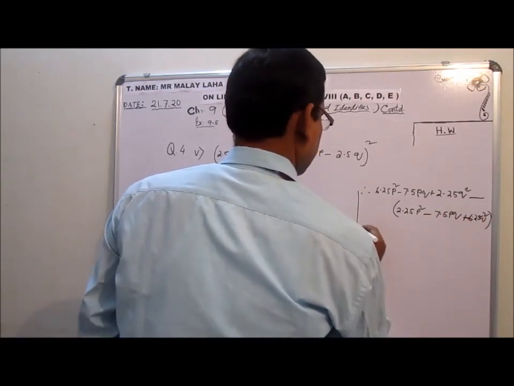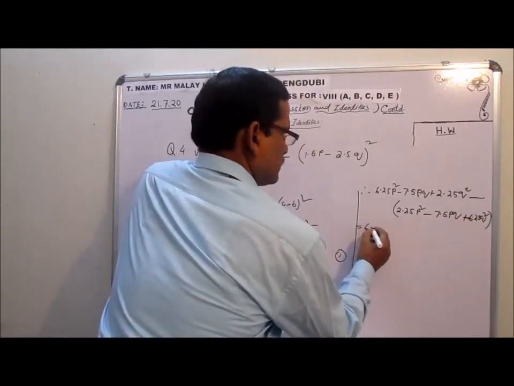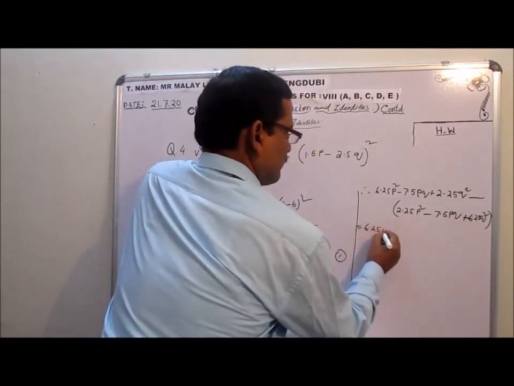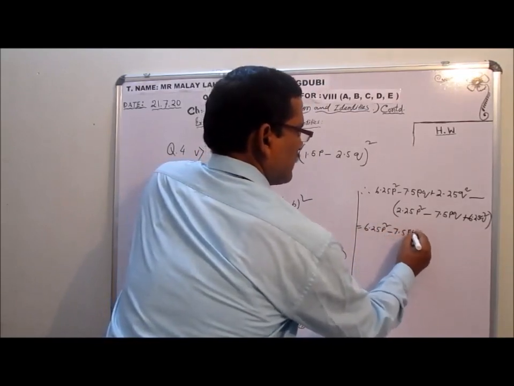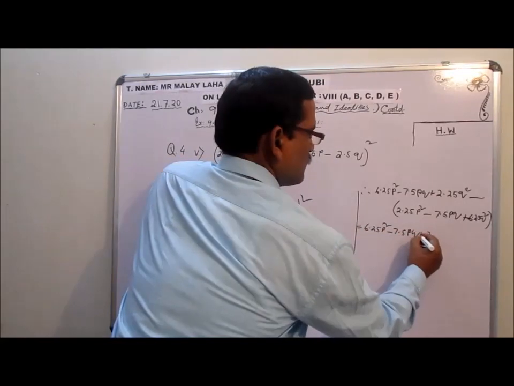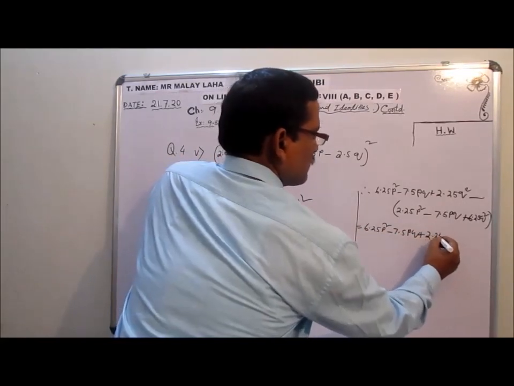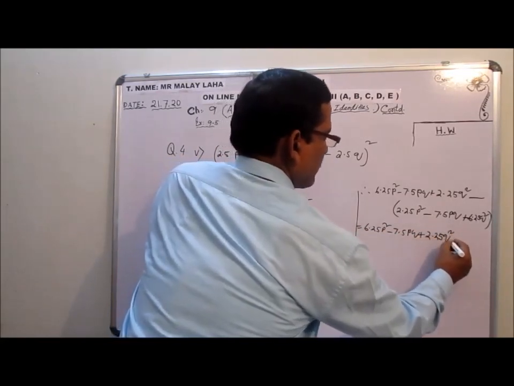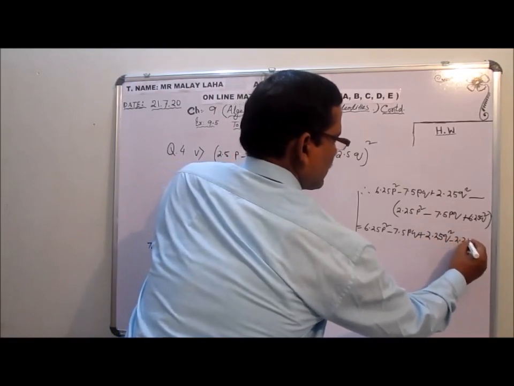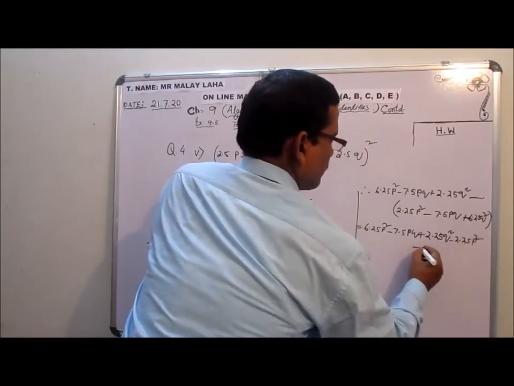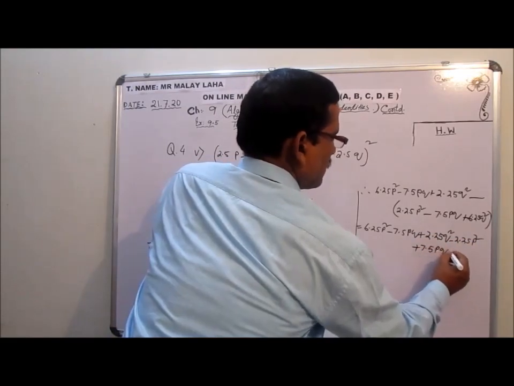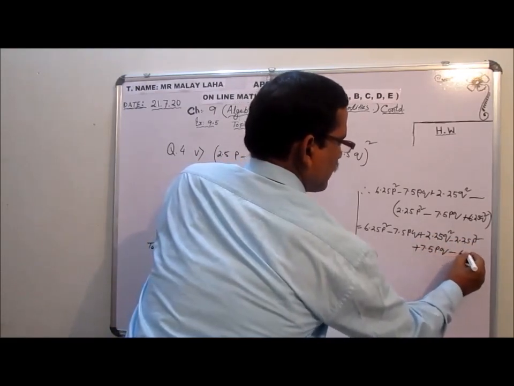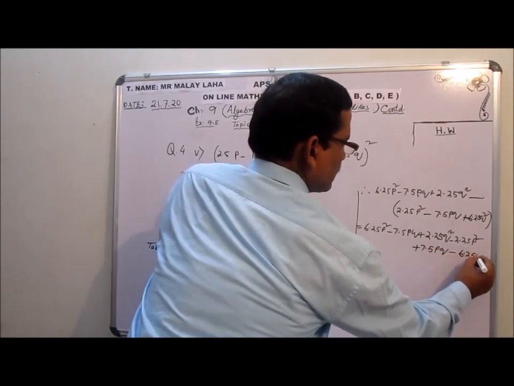Now open the bracket, it should be in one line: 6.25 p square minus 7.5 pq plus 2.25 q square minus 2.25 p square plus 7.5 pq minus 6.25 q square.